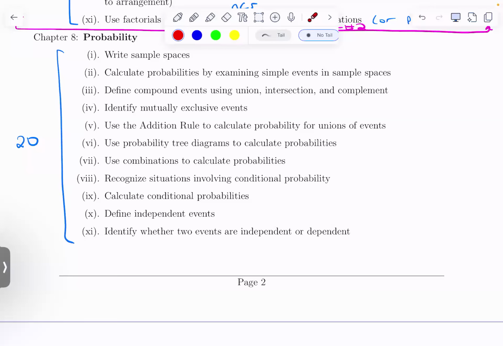It's just nice to think about because we can kind of imagine. If I've drawn two kings already, then that affects the probability of drawing another king, and so that's our conditional probability. But I promise, no card problems.